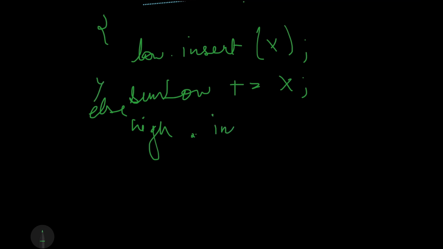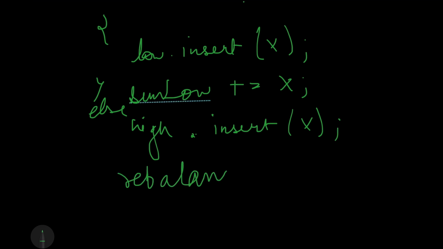Else we'll do high.insert(x), and then we'll call that rebalance method.